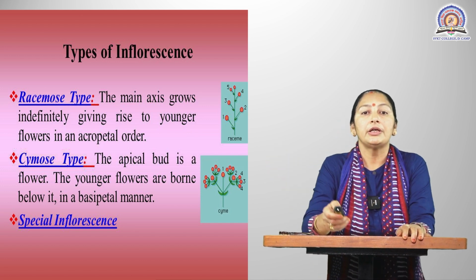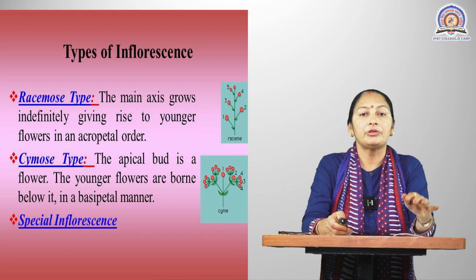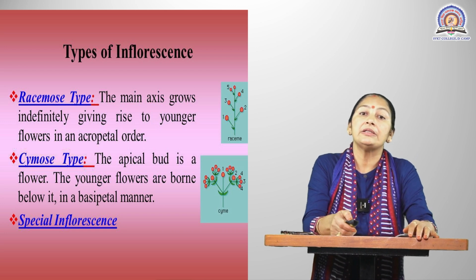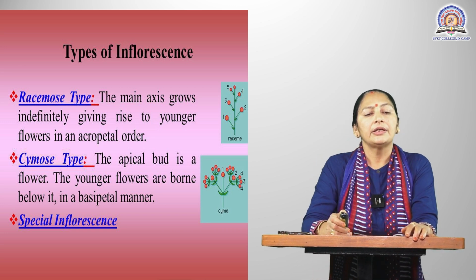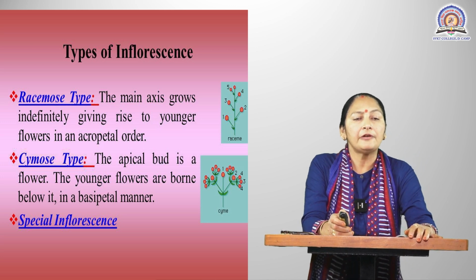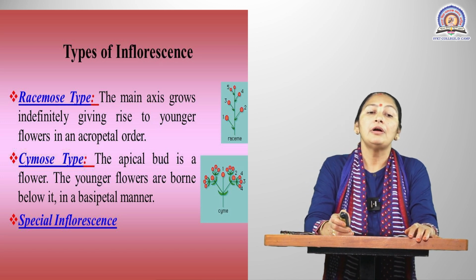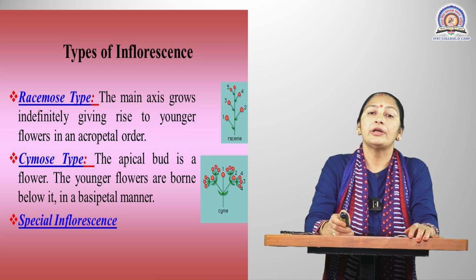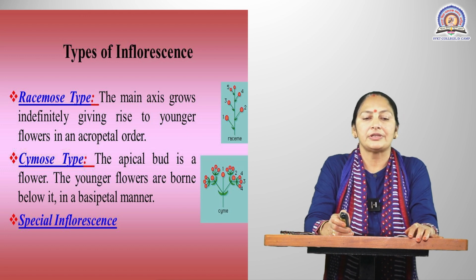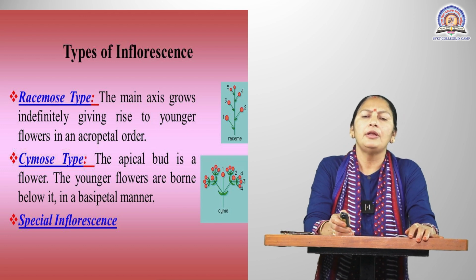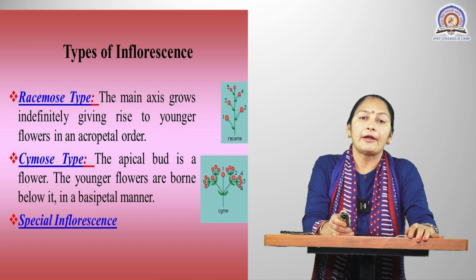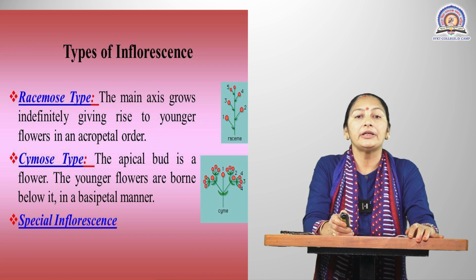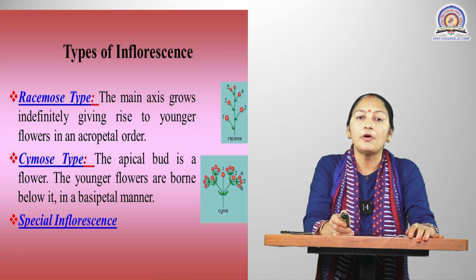It is not limited, it does not end, it is unlimited, and it indefinitely gives rise to younger flowers in acropetal order, or acropetal succession. Why acropetal? What is meant by acropetal?